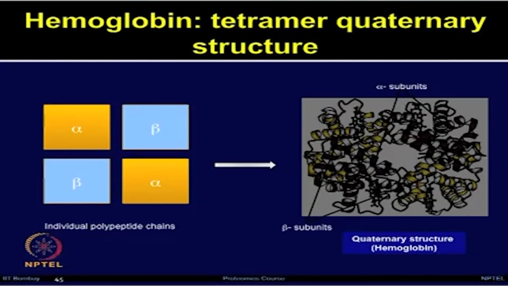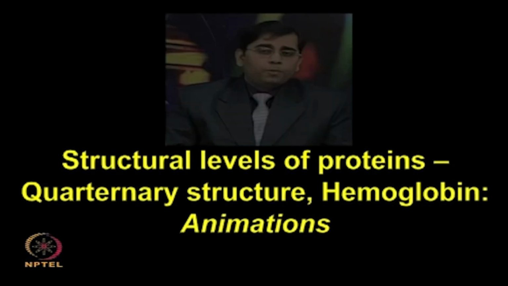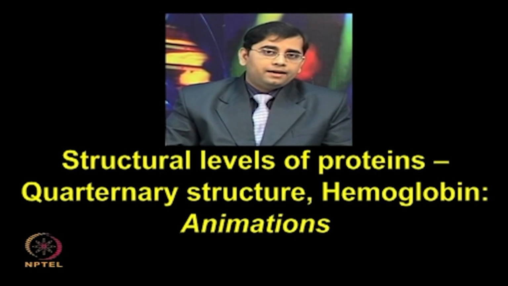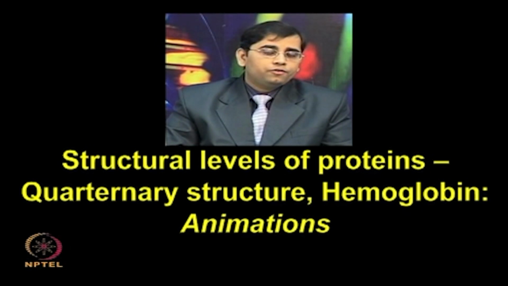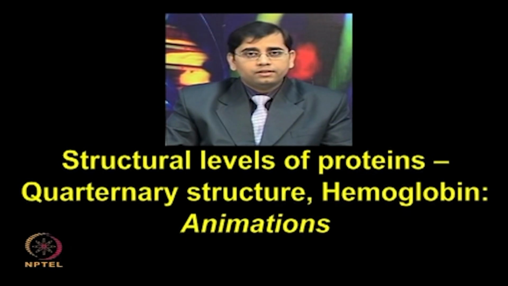So, let us look at hemoglobin, the tetramer quaternary structure. It has 2 alpha subunits and 2 beta subunits. The individual polypeptide chains come together and form the quaternary structure. Properties of quaternary structures and some details about hemoglobin and a comparison of myoglobin and hemoglobin will be discussed with the following animation.